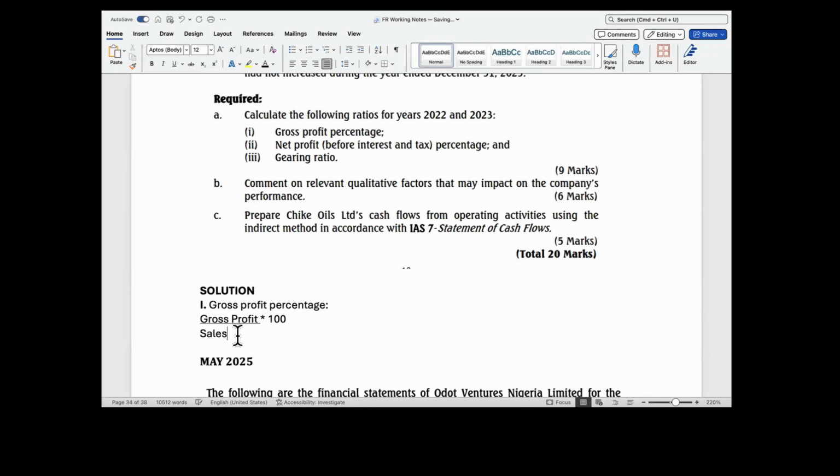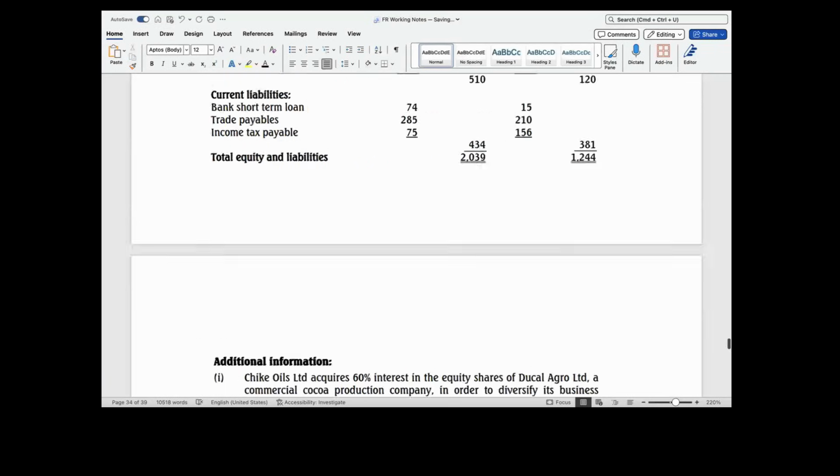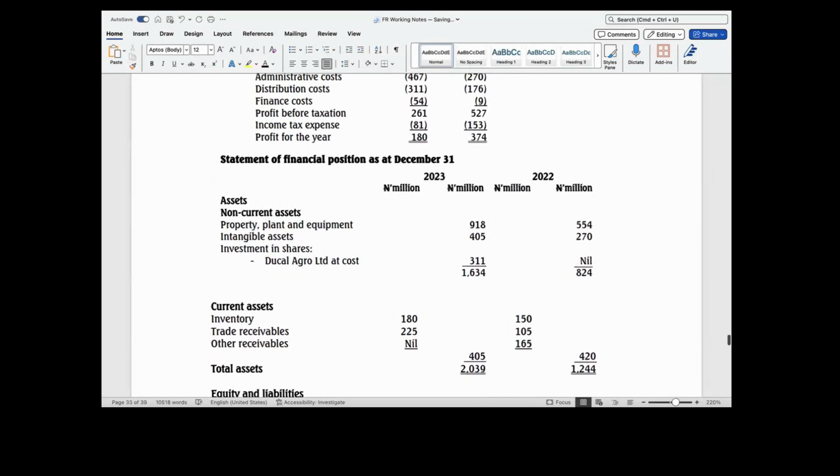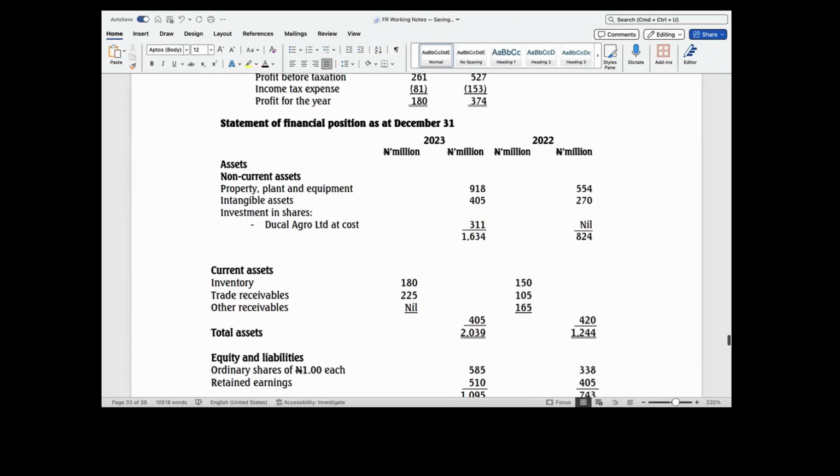That's our gross profit percentage. We are calculating for 2 years, 2023 and 2022. The level of rounding off is in millions.